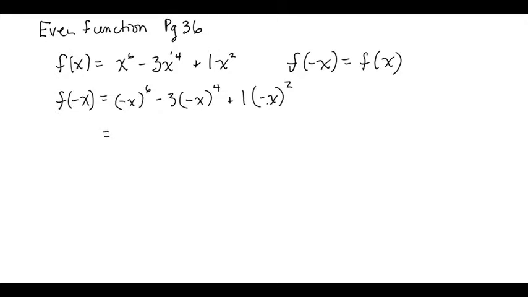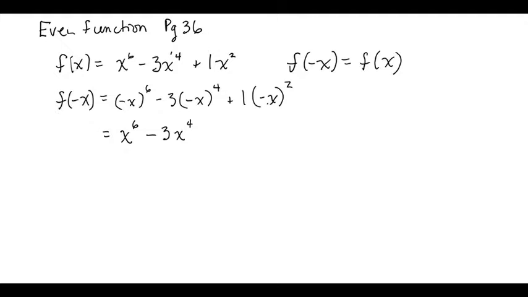What this is referring to is a negative x multiplied by itself 6 times, or an even number of times, is going to result in a positive answer. Here we have a negative x multiplied by itself 4 times. Negative x times negative x times negative x times negative x is going to give us a positive result.